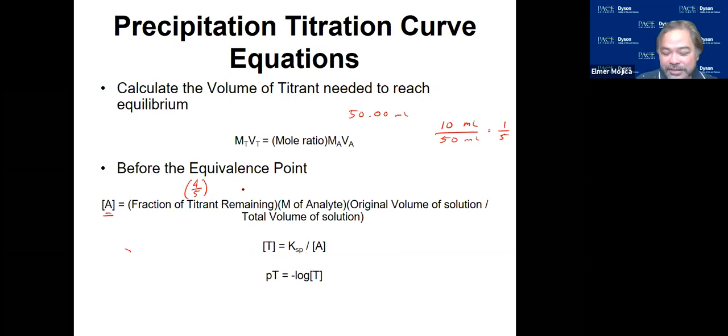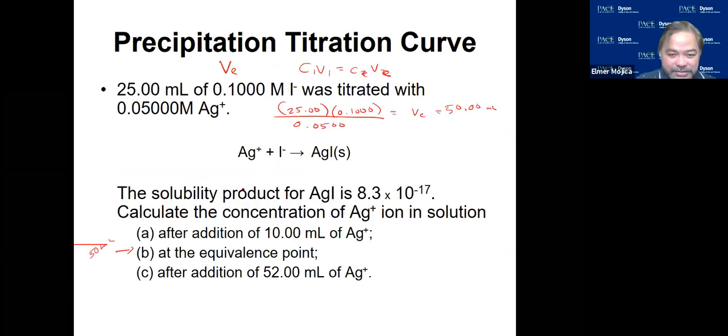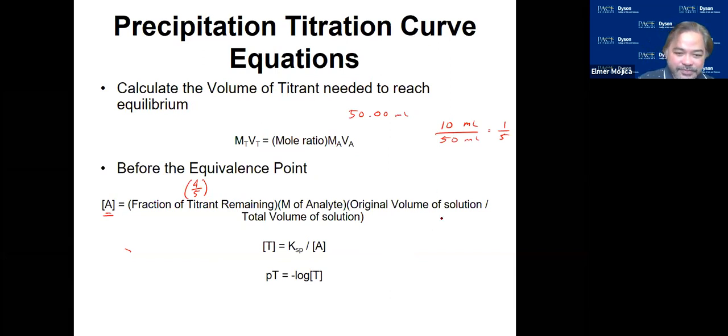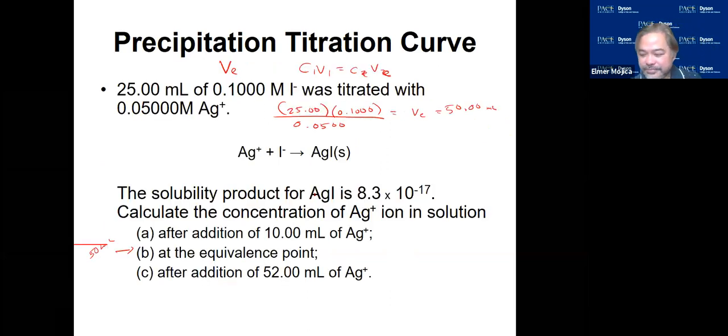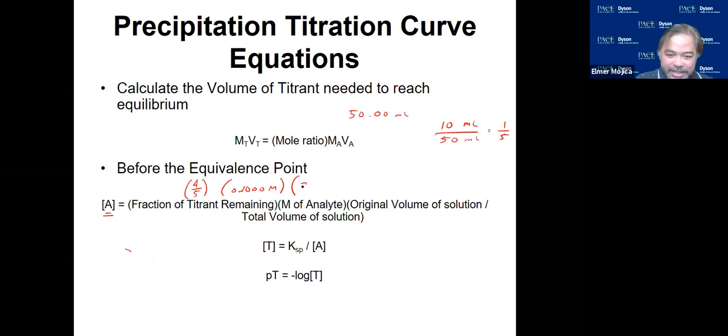Now what's the original concentration of the analyte? So we have here 0.1. And then we multiply it with the original volume of solution over the total volume. What's the original volume based on this? 25, right? Divided by what?